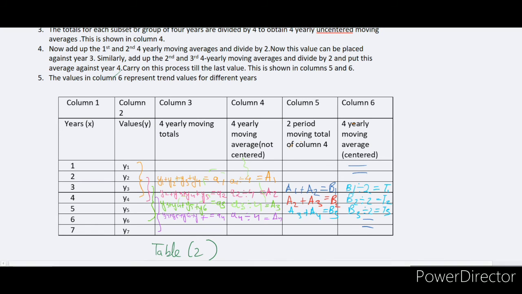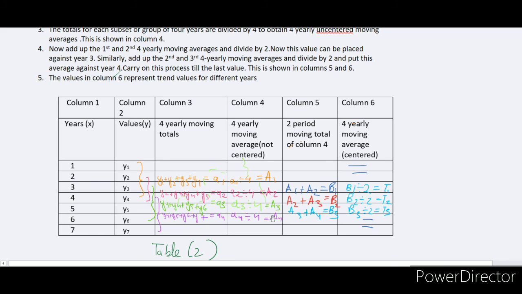In column 4 where we calculate the 4 yearly moving average, which has not been centered, these values still lie in between the middle years of each group of 4 years, so they are divided by 4, because there are 4 values you are adding. For example, for the first group we add the values y1, y2, y3, y4, we get the total. So average is nothing but the total divided by the number of observations, which is 4, so we get A1, A2, A3, A4.